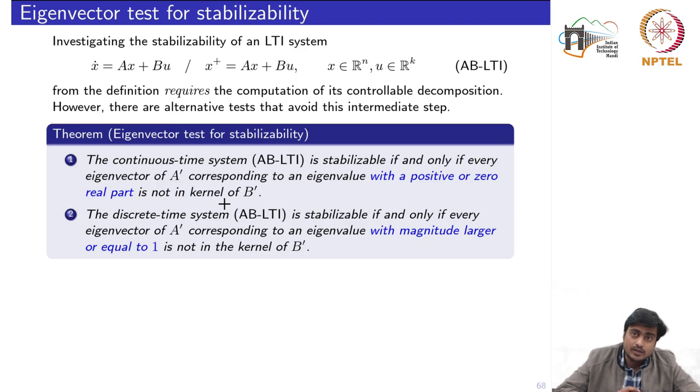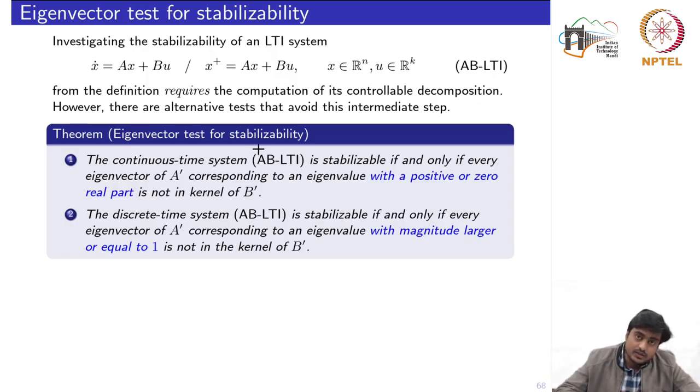So if you recall the eigenvector test for controllability, it was without these blue colored words. It was that every eigenvector of A transpose is not in the kernel of B transpose, irrespective of whether the eigenvalue is on the left hand side or the right hand side.